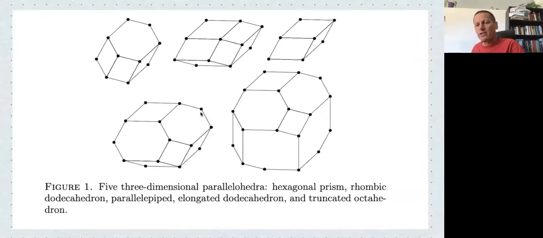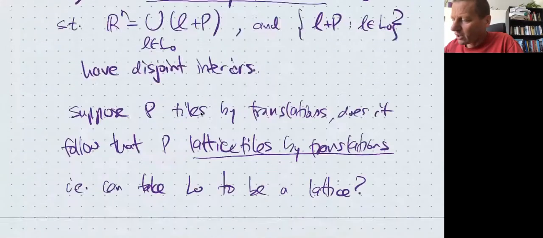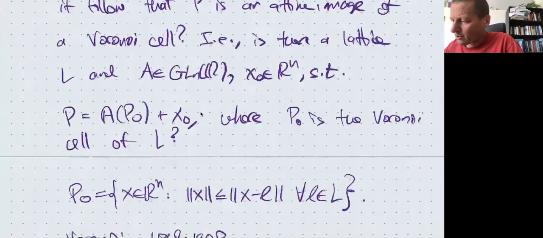You write down a list of all the possible parallelohedra in that particular dimension, and then you write down a list of all the Delaunay cells, and if you're lucky, it's the same list, and you have a proof of the conjecture. That's a very non-conceptual way of proving a conjecture, but that's the only strategy that's worked so far. And so here's a table.